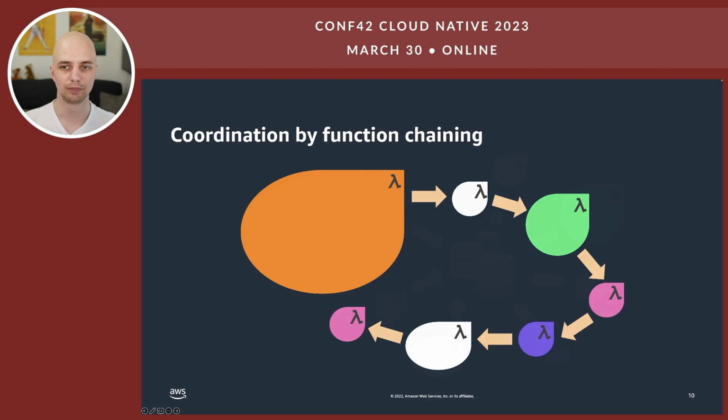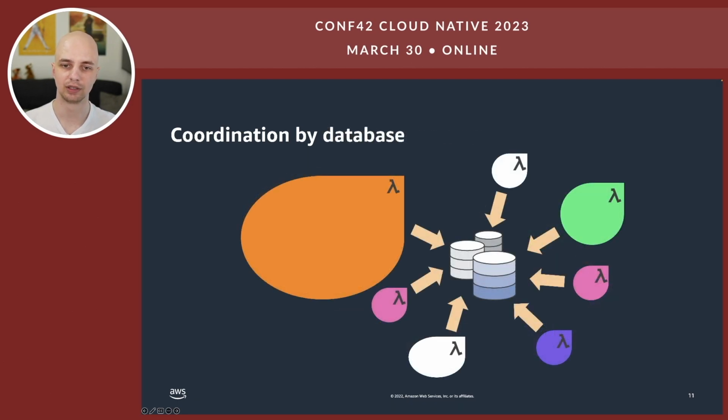What you could also do is coordinate by a database. So you can track the state of your function and write it into a database like DynamoDB or other relational databases. And you could use SQL for transactions. People are doing this and they get good results, but once again, there's still a lot of work.